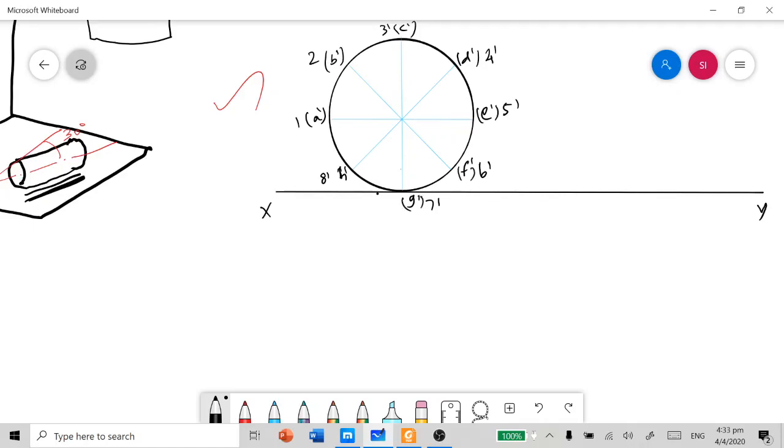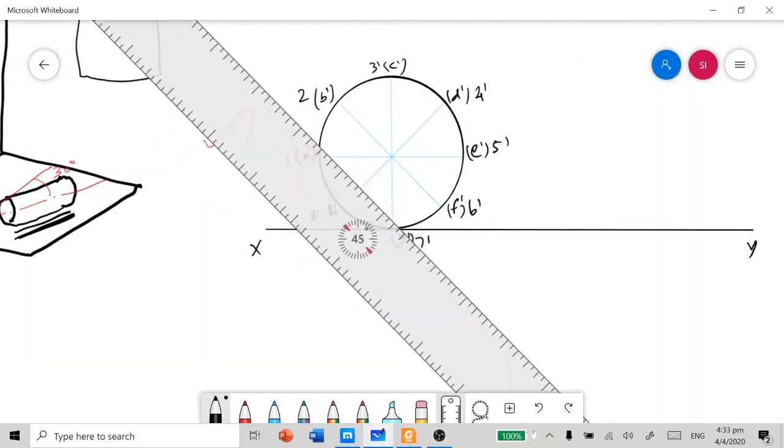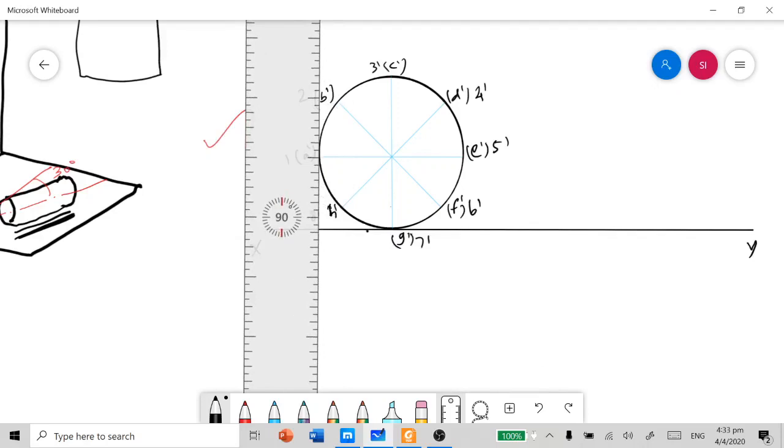Now we have to project each and every point in the base view towards the top view.